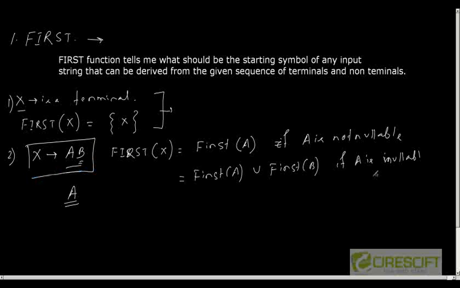So if A is nullable, then first of A union first of B will be first of X, otherwise it is first of A. Let me know if any doubt.